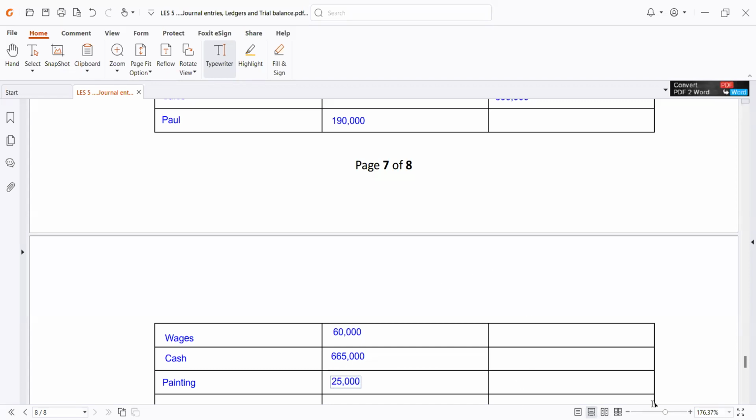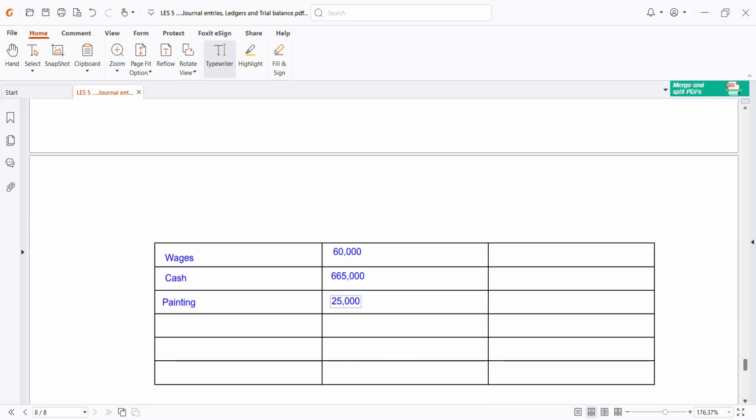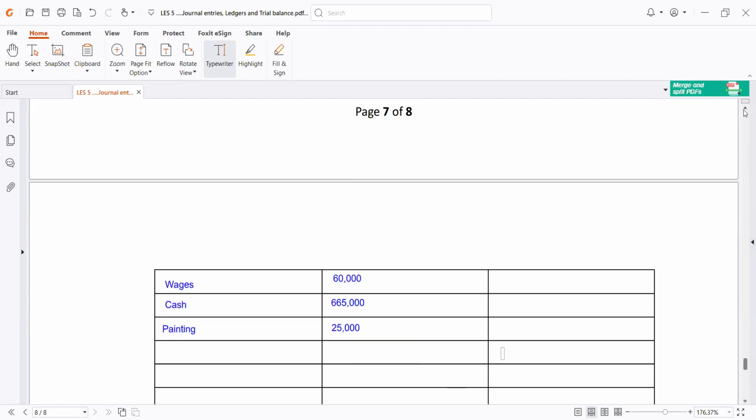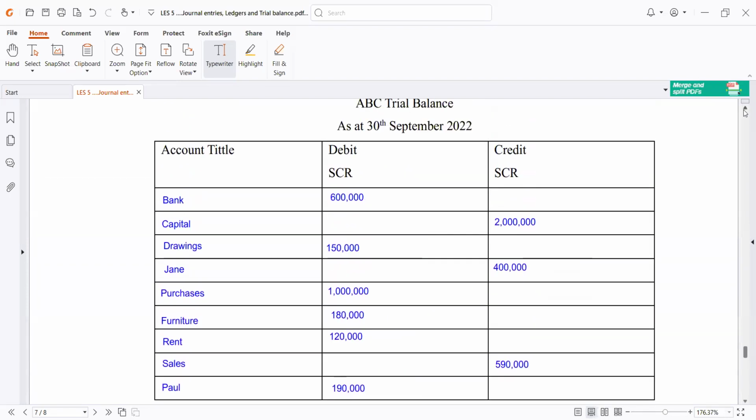So we can get the total now from the balances that we have, and we record here and record on this other side. So we can start with the credit side.